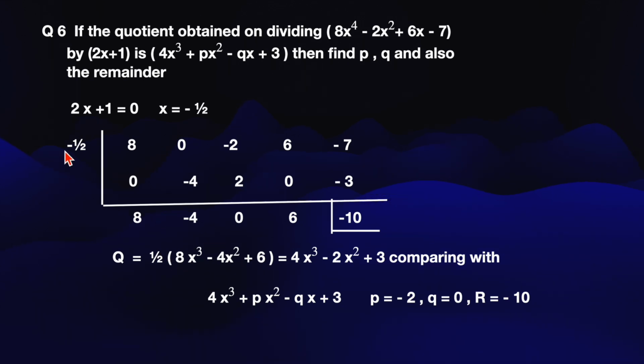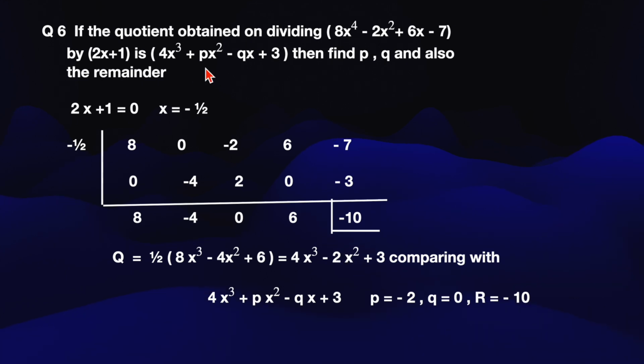This expression again you should divide only by the denominator here, because when we convert this fraction, this denominator will be divided here. Okay, so only the denominator you should take. So you divide this by this denominator, you get 4x cubed minus 2x squared plus 3. So when you compare this with this expression, we'll get the values of p and q.